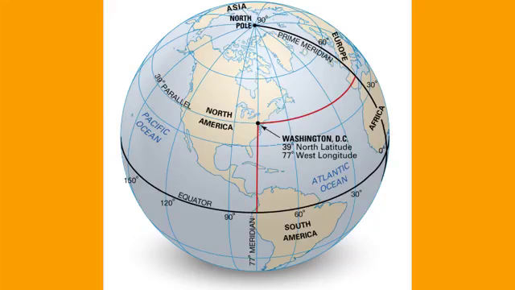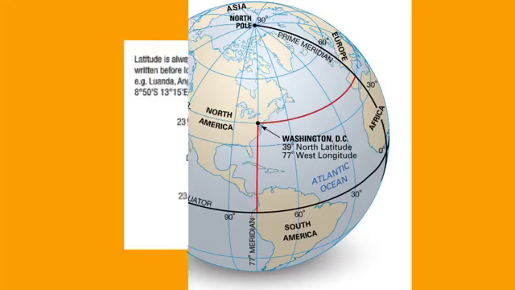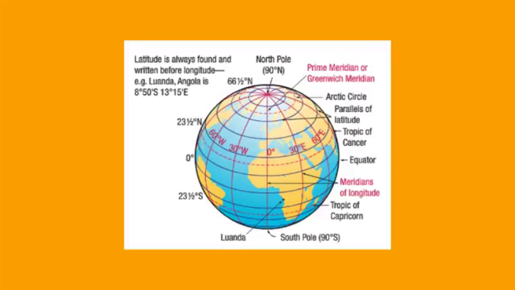Important latitudes. Other than the equator and poles, there are 4 other important latitudes. They are Tropic of Cancer at 23.5 degrees north, Arctic Circle at 66.5 degrees north, Tropic of Capricorn at 23.5 degrees south, Antarctic Circle at 66.5 degrees south.